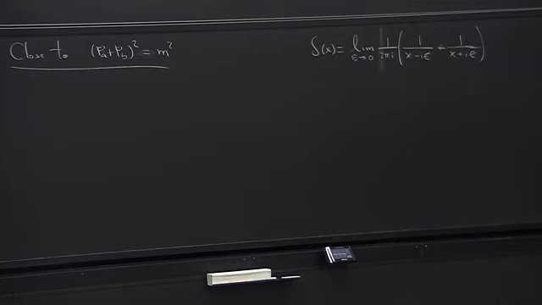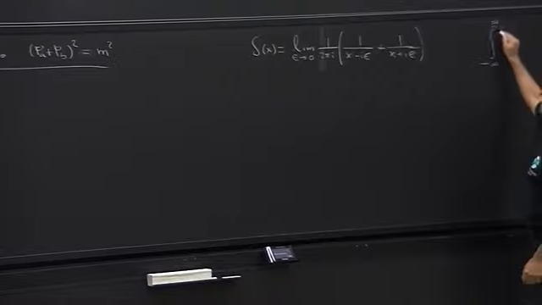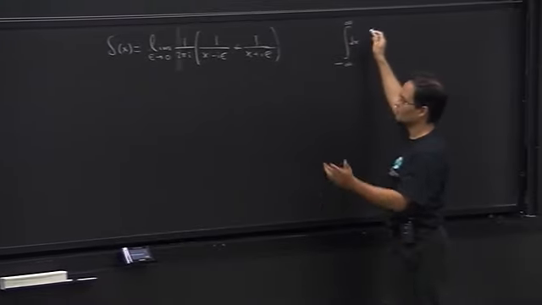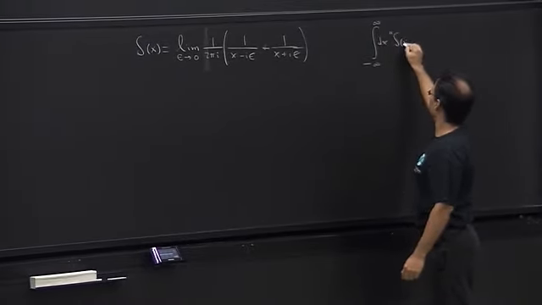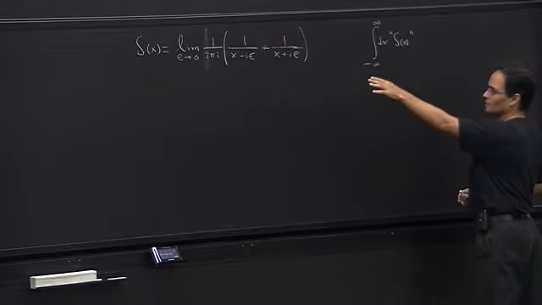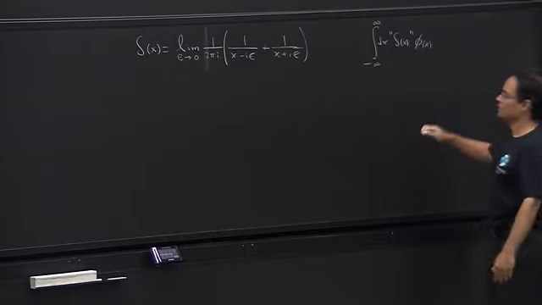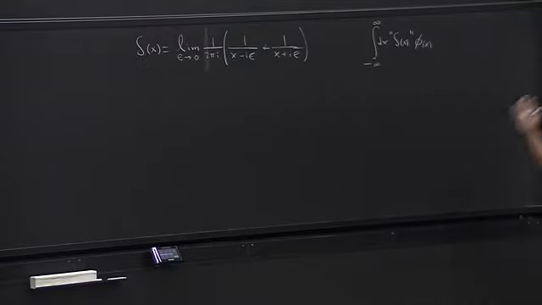If you haven't seen it, then prove it by doing the following integral. If you don't believe that this is true or you haven't seen it, you should not assume that this is a delta function yet. You just take a test function here that is assumed to vanish at infinity, even in the complex planes.